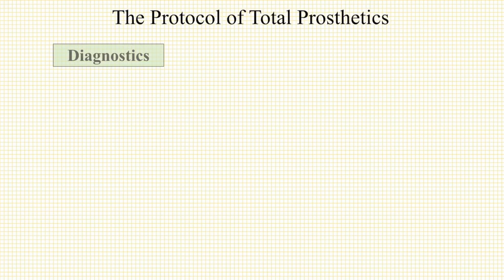The first one, where do we start? We start with diagnostics. The diagnostics is quite extensive. At the time of consulting patients with total prosthetics, we understand that these patients are already in a risk group. In the previous videos I told you that we can divide patients in the chair into healthy patients, compensated patients, and patients already having some kind of problems.